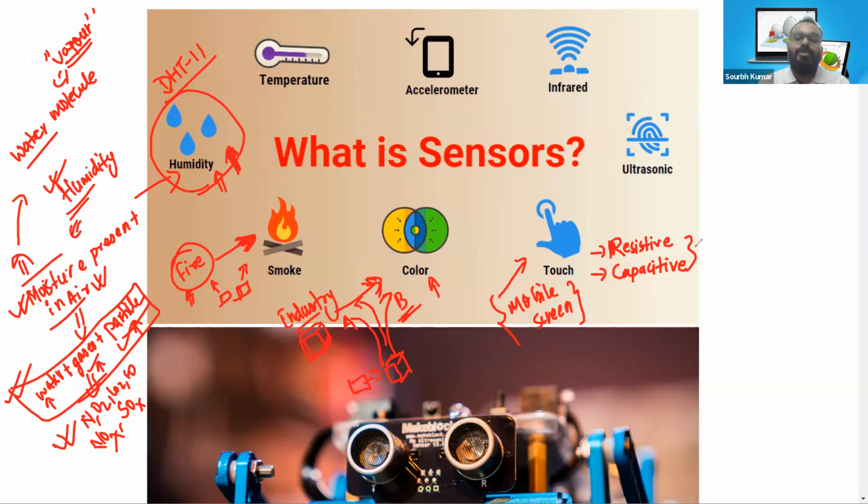Whenever it is required, it will automatically turn itself on, and when it reaches a certain level, it will automatically turn itself off.